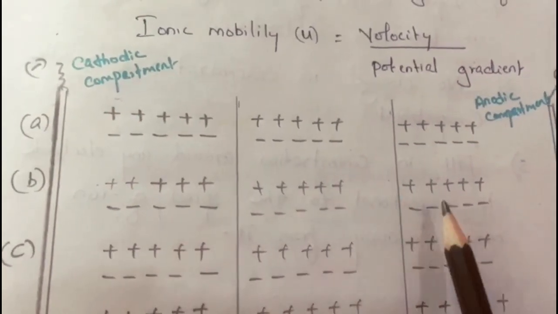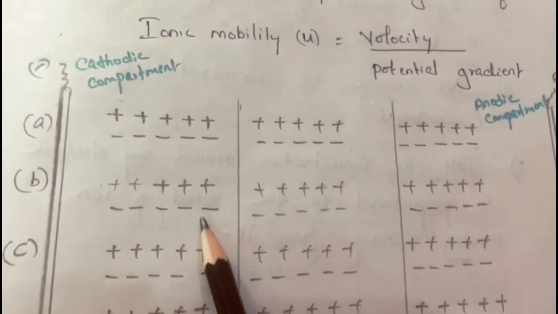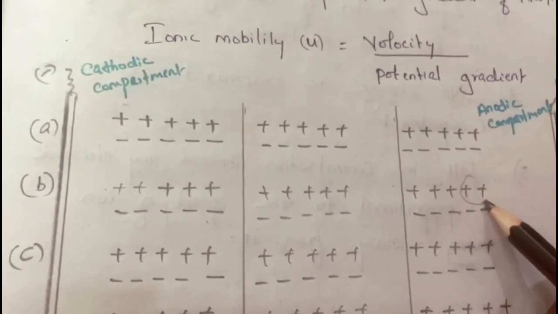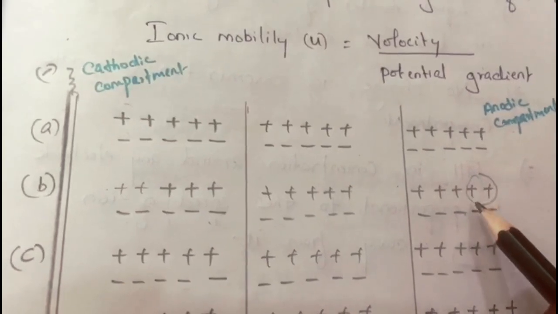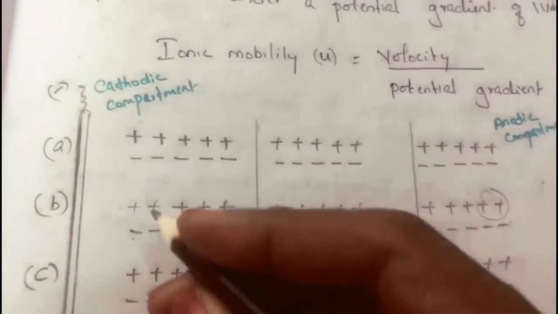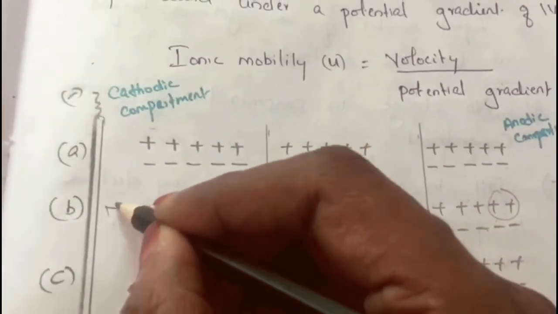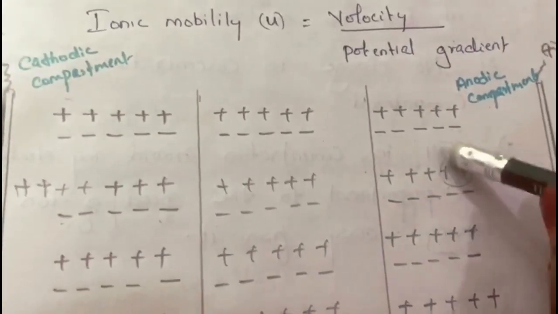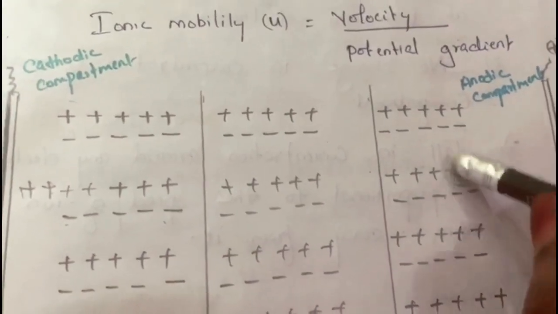So which cations will move, from the anode or from the cathode? Cations will move from this anodic compartment. These 2 cations will move from the anodic compartment to the cathodic compartment. So these 2 cations will move and will come here. So these 2 cations will be removed from here.